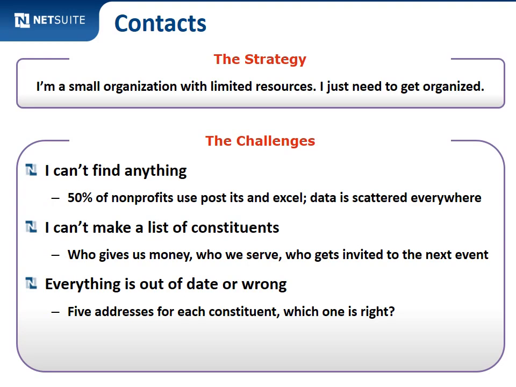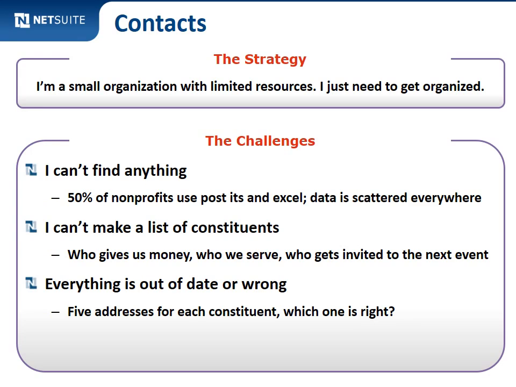So the strategy fits in kind of both cases. The challenges that strategy tends to address is one, you just can't find anything. One survey a few years back found that 50% of nonprofits use Post-its and Excel as their primary data storage, and I don't think it's changed much.